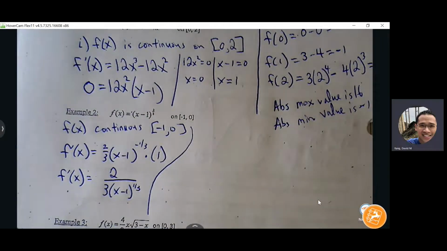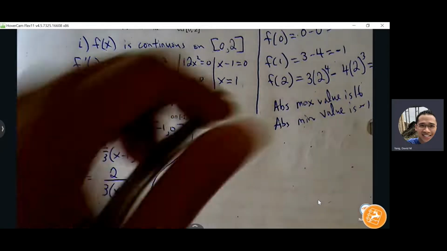We want to set the numerator and denominator equal to 0. But is there anything in the numerator for us to find? No. If we set 2 equals 0, it doesn't make sense, right? There's no variable, so we can ignore the 2, and we can just look at the denominator.